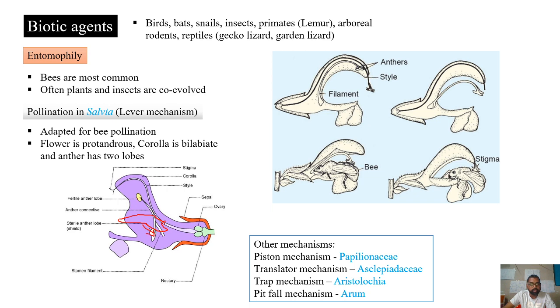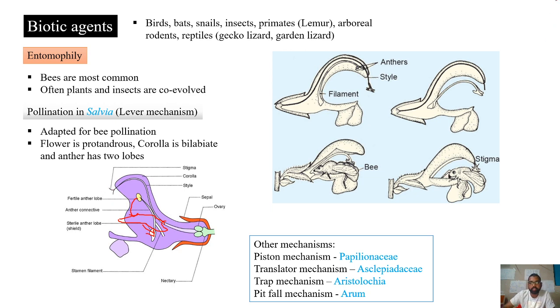Therefore, this fertile anther lobe will be rubbed on the back surface of this insect. Therefore, the pollen grains will stick on the surface of the bee. Now, when this same bee visits another flower where the stigma is mature, the pollen grains stuck on the back of this insect can be rubbed on the surface of the stigma in the other flower. Therefore, the pollination can occur.